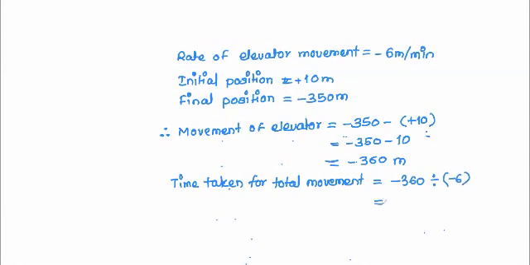Again, we know in division what we do is divide the weights. So 360 divided by 6, you can do it in the rough work. It comes as 60. The sign of the answer, one number is minus, second number is minus, which means same sign result into plus. So plus 60 hours.